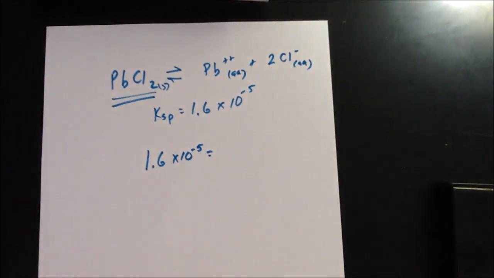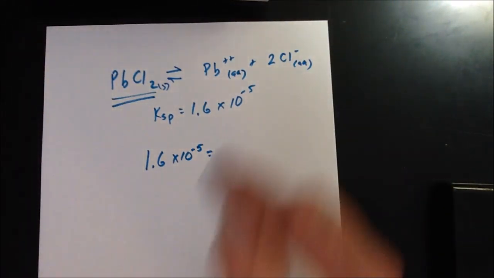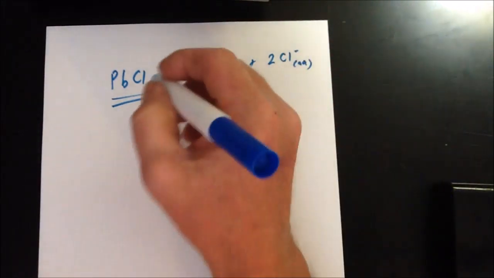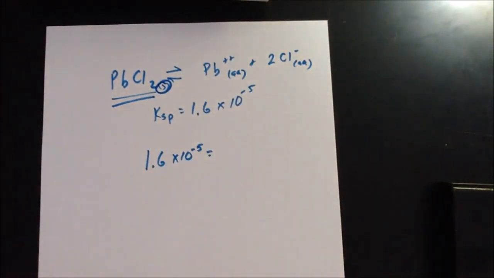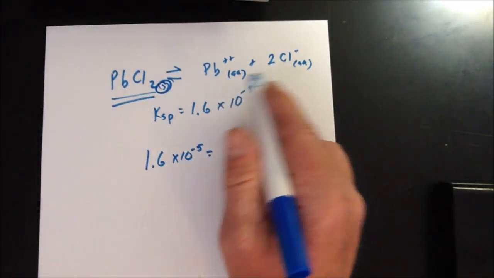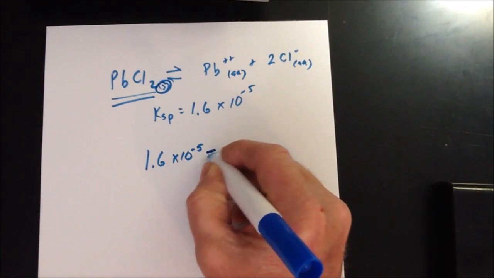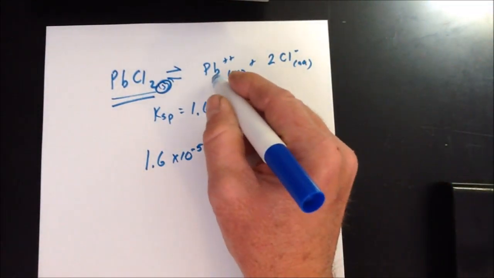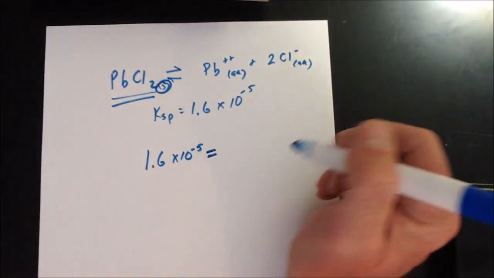And definitely we encounter this issue with coefficients in Ksp. Now, if coefficients scare you, the good news is by having nothing over here, mathematically these won't be quite as complex as some of the quadratic formula problems that you might encounter with acid-base, weak acid, weak base equilibrium. It's a little bit easier to work through, but we'll see some coefficients that will give us a little bit of a headache. So the question becomes, what is lead and what is Cl-?